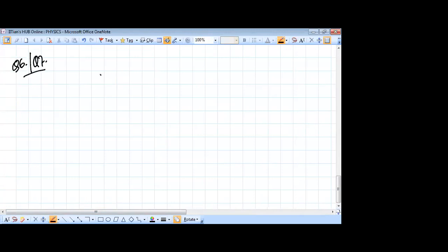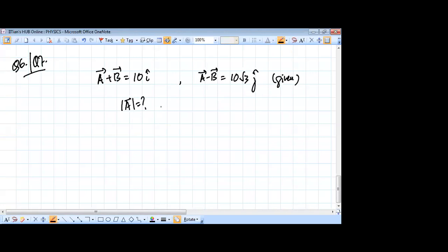So it is given to us that the sum of two vectors, a plus b, is 10i cap, and the difference of two vectors is 10 root 3 j cap. This information is given. Now from this, we have to find out the magnitude of a and the magnitude of b. That is the 6th and 7th question.